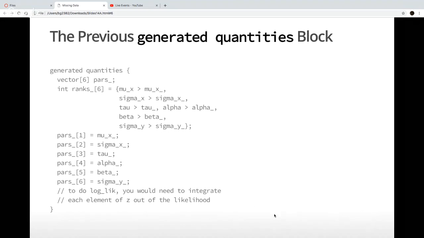And then in the generated quantities block, when you're doing SBC, you need to declare a vector called pars_ and an integer array called ranks_, which are both of the size of the number of parameters you want to keep track of. In this ranks thing, you just tabulate whether the posterior draw was greater than the prior draw. When you look at the results at the end, there shouldn't be any systematic tendency for the posterior to be different from the prior if you're conditioning on data that was generated from the prior predictive distribution of the model you're fitting.